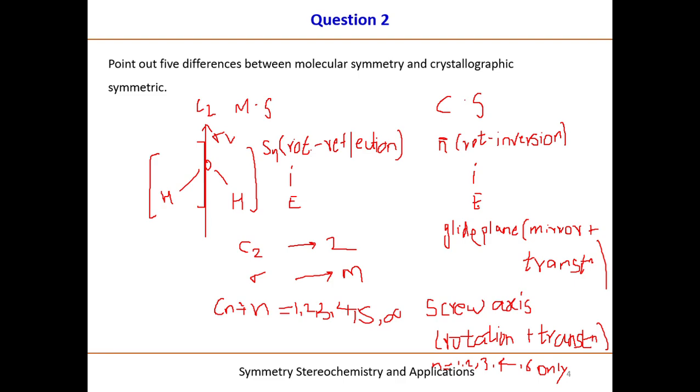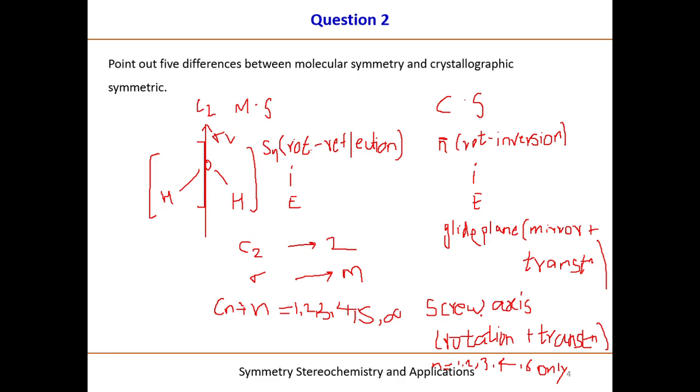Another difference is that crystallographic symmetry contains a glide plane. A glide plane means a mirror plane plus translation. Here one more element is present, called the screw axis. A screw axis is nothing but rotation and translation.